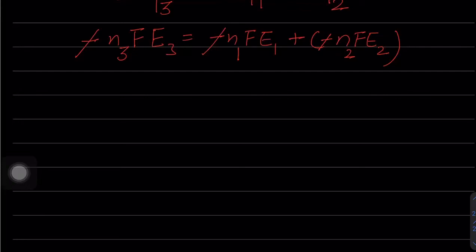Everybody understand? Because every reaction has a different number of participating electrons, isn't it? So we will cancel the F. This becomes N3E3 equal to N1E1 plus N2E2.